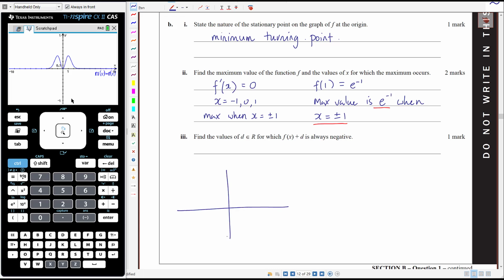Okay, so if you think about, you've sort of got this thing happening, that is the point 1, e to the negative 1, okay? And so you're going to need to move the graph down by more than e to the negative 1 so that these maximum turning points are below the x-axis. Okay, so therefore d has to be more than e to the negative 1. Obviously you can write e to the negative 1 as 1 on e if you prefer.